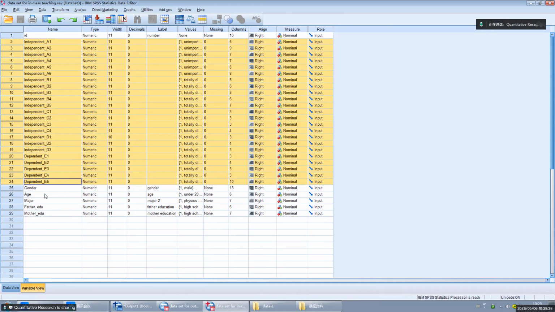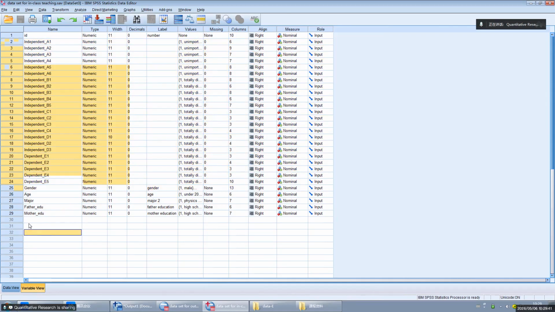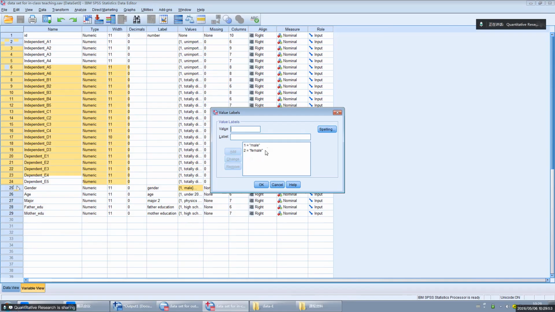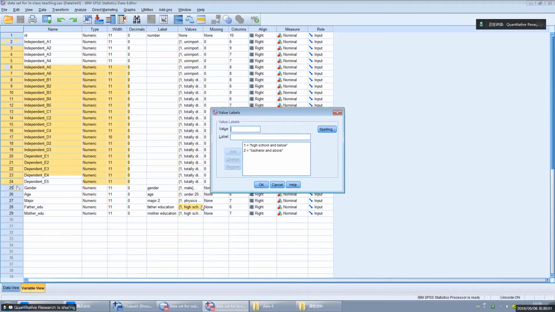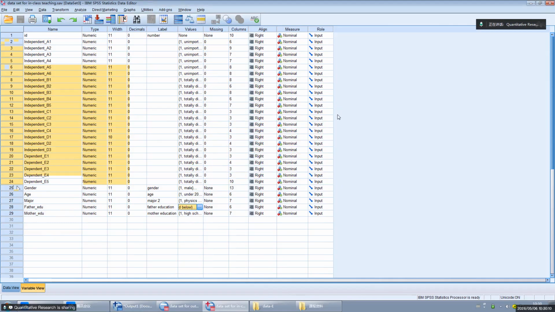For example, you can see here which group is suitable for the t-test. Gender, right? We have two groups. Any other? Father education level, mother educational level. Two groups, right? Okay.